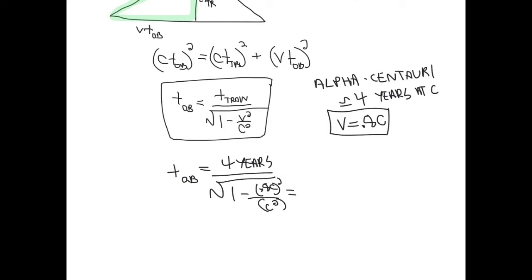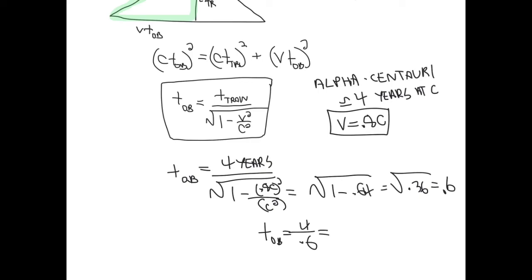And just working with the denominator here, that would be 1 minus 0.64, because the c squareds cancel, or the square root of 0.36 in the bottom, for a total time dilation factor of 0.6. And if we divide that into 4 years, we get 6.67 years, which is what people on Earth would experience while you were taking your 4-year one-way trip.